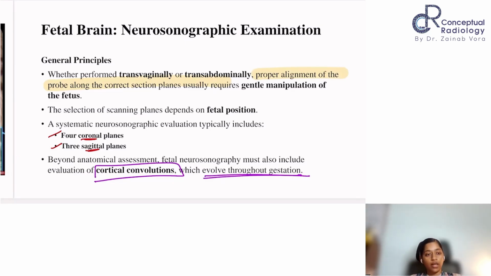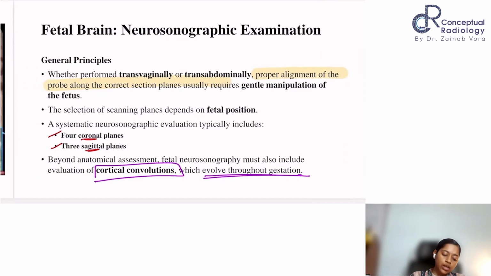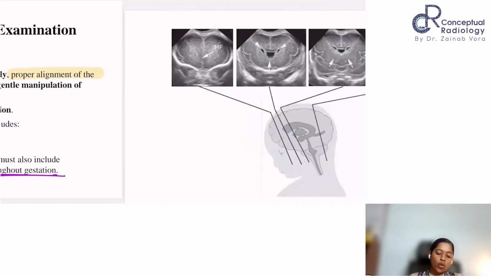How it is evolving is also important. So along with anatomical assessment, we are going to focus on the cortical convolutions in each plane. Each plane gives us a focus on a particular convolution. For example, if you're doing a transventricular scan, you don't only measure the atrial width, you also look for the parieto-occipital sulcus. So these go hand in hand.